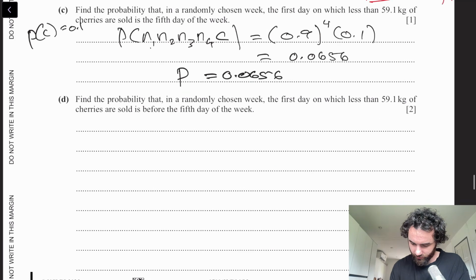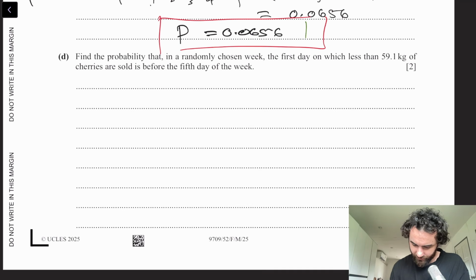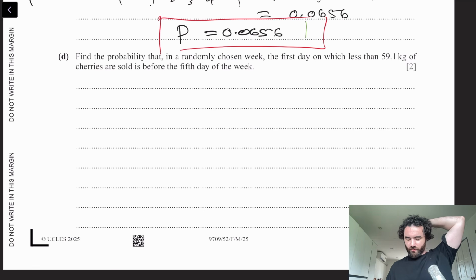Still need to check all this. Please don't be wrong. Okay, last one for this question. Find the probability that in a randomly chosen week, the first day on which less than 59.1 of the cherries are sold is before the 5th day.